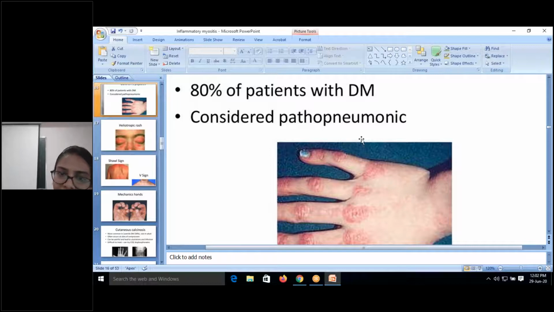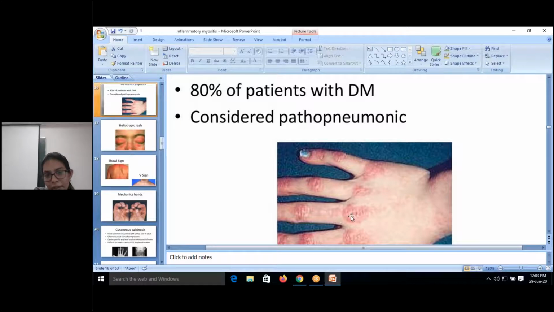This is a spelling mistake: it is pathognomonic, not pathognomic. Here in the knuckle areas, you can see the papules, like whitish papular eruptions. That is called Gottron's papules. There is also something called Gottron's rash. In the same area, when you have a rash, that is Gottron's rash.